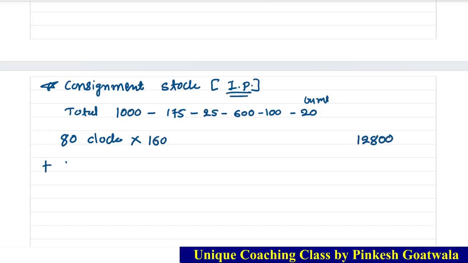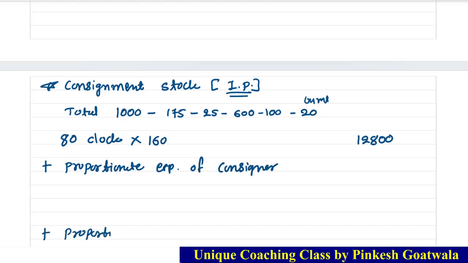Here we have to add expense of, first of all, consigner's proportionate expense of consigner and proportionate expense of consignee.